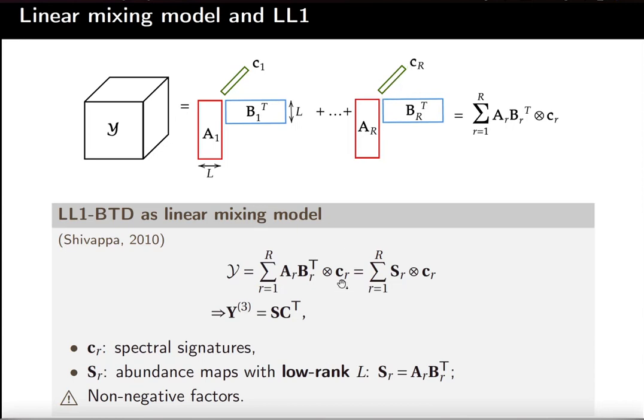Similarly, the vectors c_r here can be seen as spectral signatures for the earth material that is available in the tensor Y. Of course, in order to be interpretable, these factors must be entry-wise non-negative. But under this assumption, they can be seen as mixing models of the following form. So basically, under all these assumptions, it's possible to go from the LL1 model to the linear mixing model by simply unfolding the tensor in the spectral dimension.